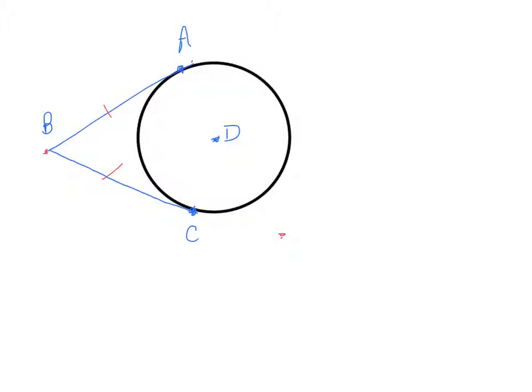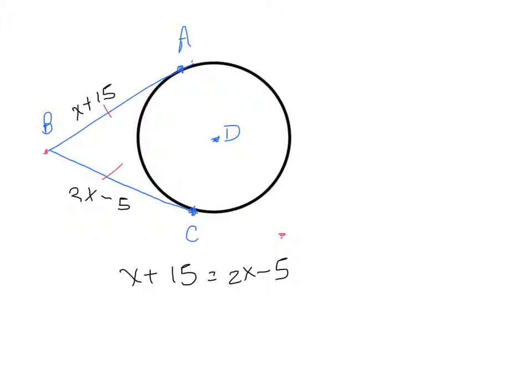We can actually do a quick example with this. Let's say this is x plus 15 and this is 2x minus 5. Even if we didn't have these hash marks telling us that these are equal, we would know because of the theorem we just spoke about. To figure out what x is, we say x plus 15 is equal to 2x minus 5.